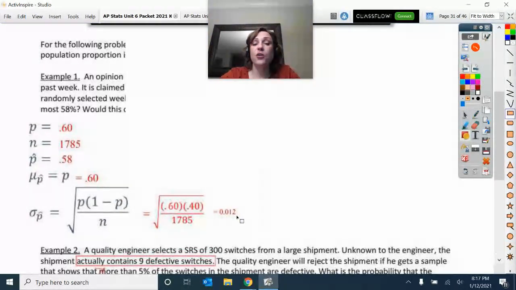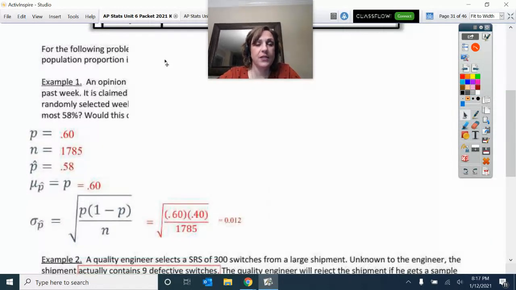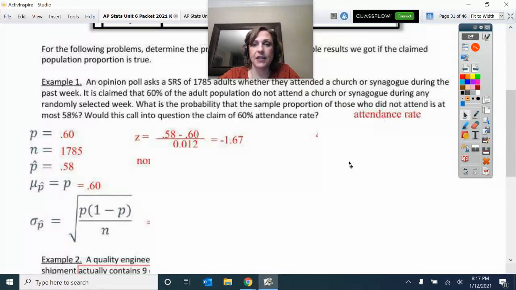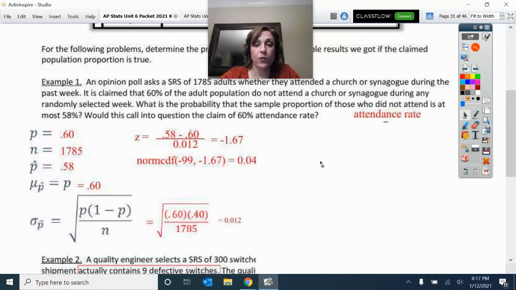Okay, so let's see. Is our 0.58 unusual? Well, let's get a z-score. We do x minus the mean over the standard deviation. When we do that, we get negative 1.67.